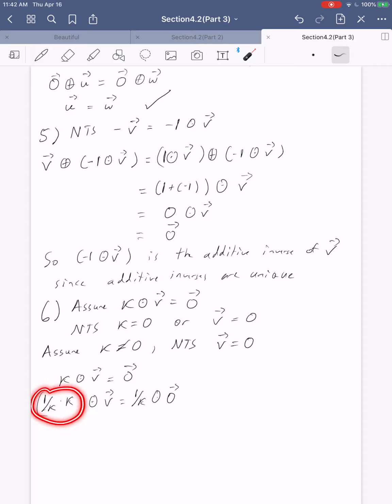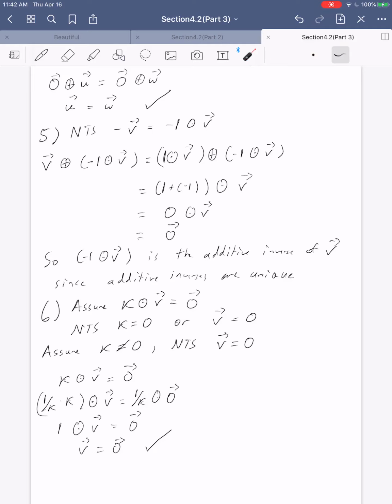Well, on this side here, 1 over k times k would be 1, scalar multiplied with v. And of course, any scalar multiplied with the 0 vector is the 0 vector. And as we know, we have that unit property. So 1 scalar multiplied with v has to be v, and that is equal to 0. All right, so we showed that v must be the 0 vector.